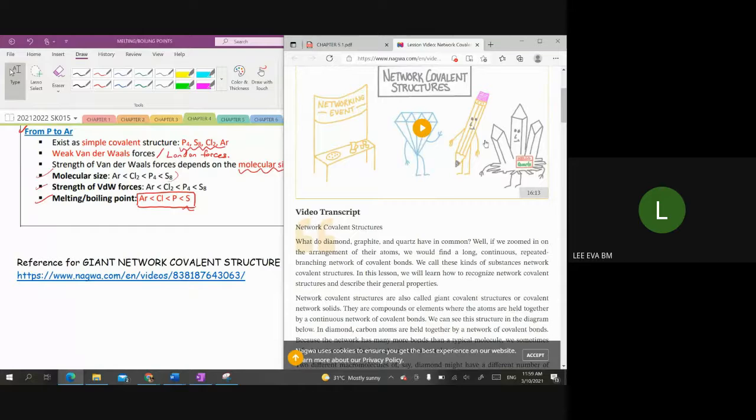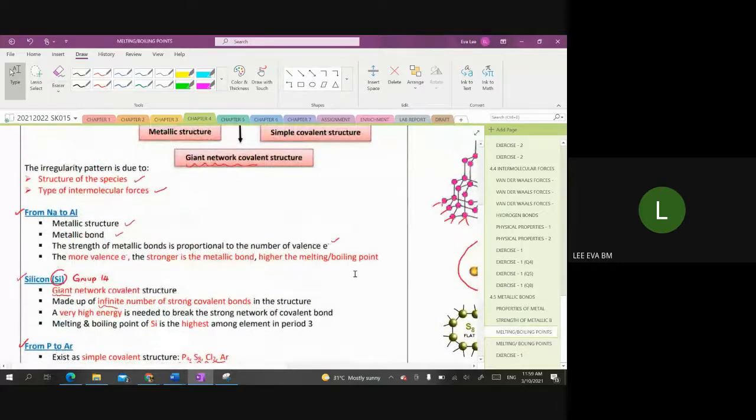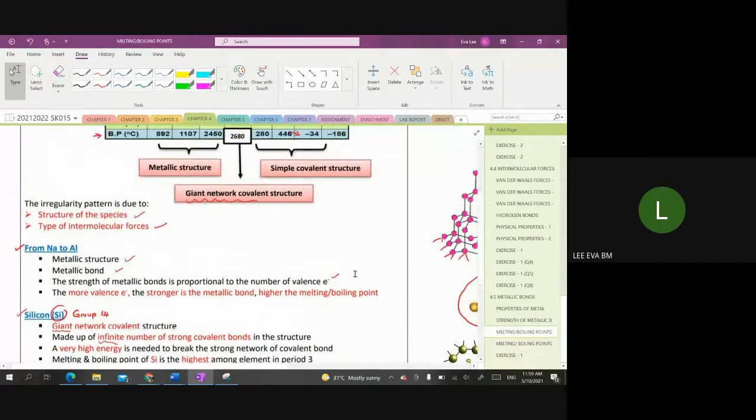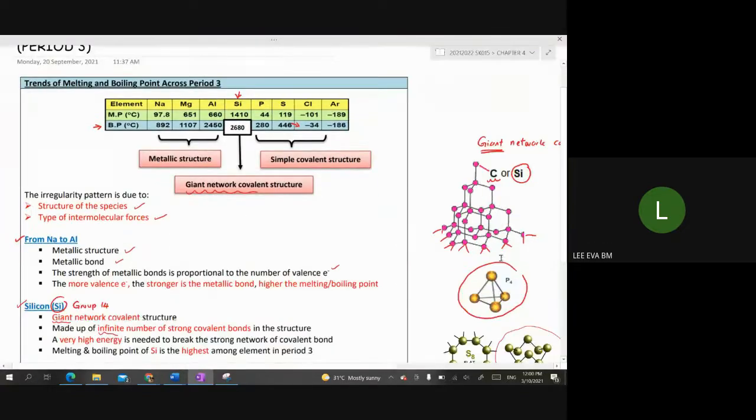So that one will be in your next chapter. So this one is your extra reference, for those who want, later madam share the link into your Telegram group. Okay. So any question for the trend across period 3? Tak ada soalan, madam continue ya. Is that okay?